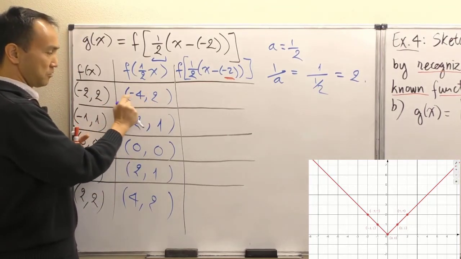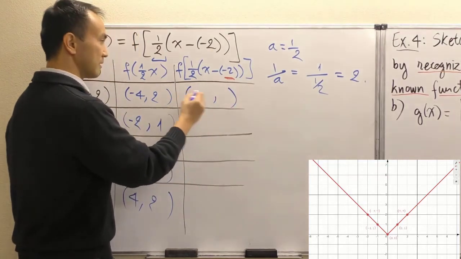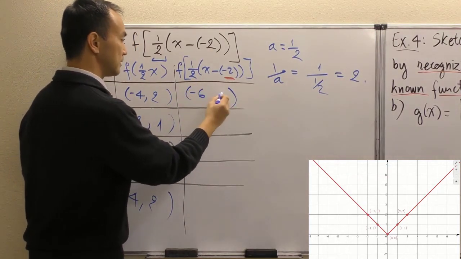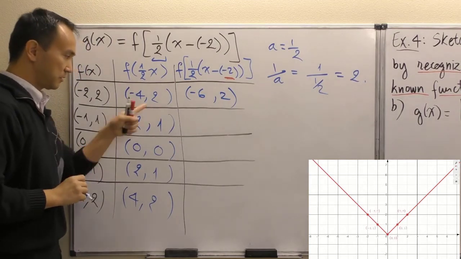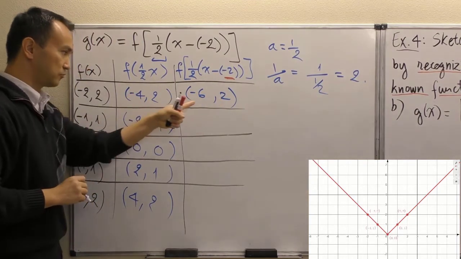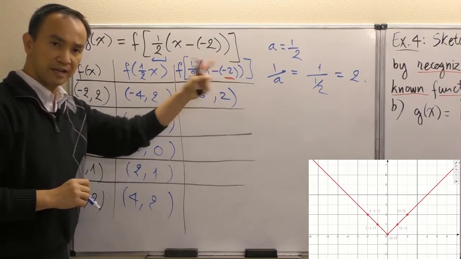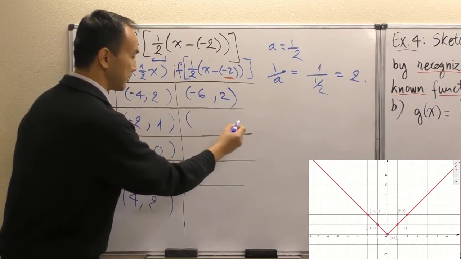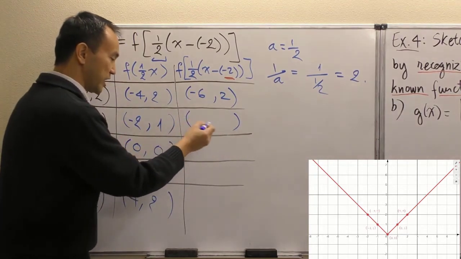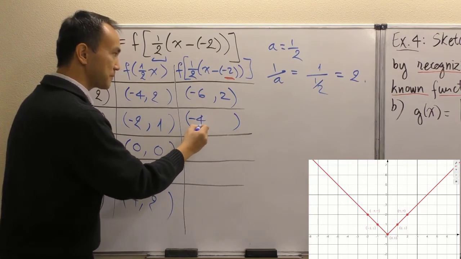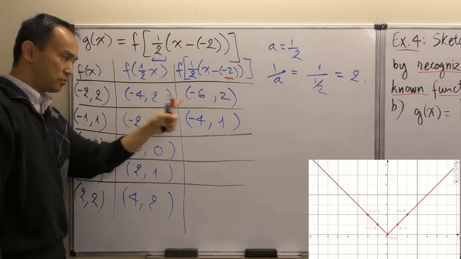So now (-4, 2) is transformed to (-6, 2). The y value stays the same. -4 became -6 because the x value was added with -2. Advancing to the next point, (-1, 1) is now transformed to (-4, 1). Again, the y value stayed the same.